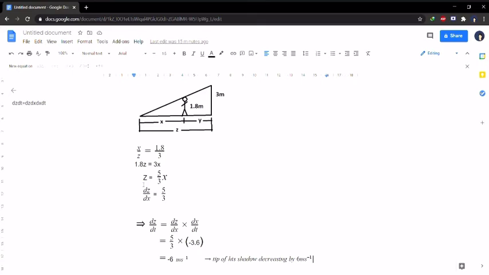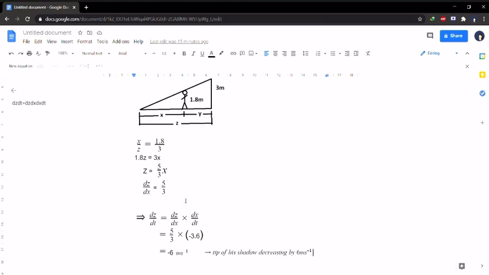Okay, so I differentiate Z and I got dz over dx equal to 5 over 3. Okay, so we need to use this kind of formula.